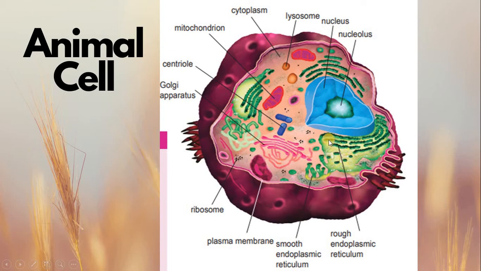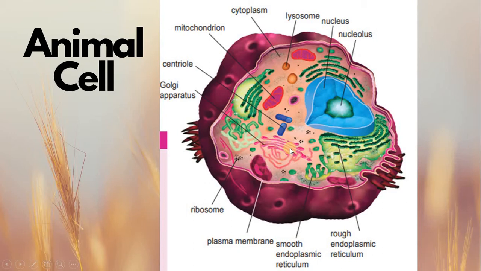Ribosome, the small dots that attach to the rough endoplasmic reticulum. And then here, this is the smooth endoplasmic reticulum.